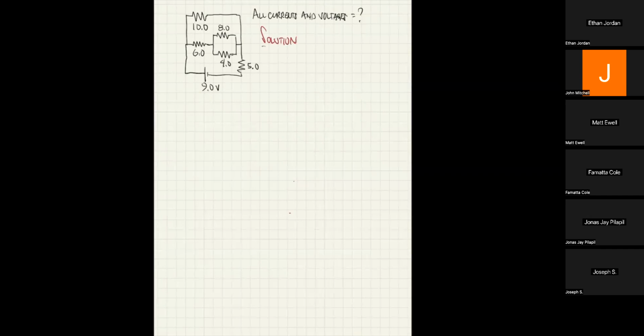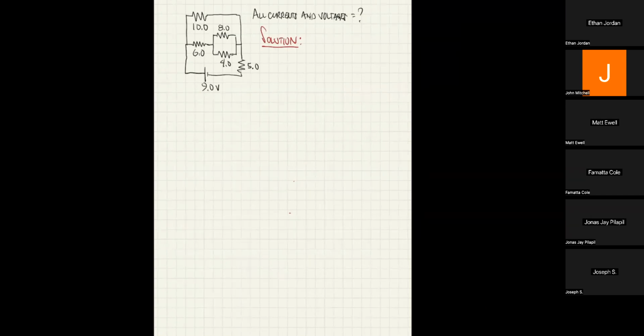So the first thing I got to do is label, pretend I know what currents are acting, and assume I know what direction they're going, and draw them accordingly, and then follow the rules. Once we get to Kirchhoff's rules, then that'll be a lot easier.